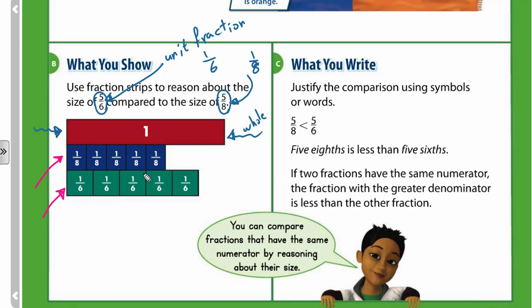Okay, now when we finish the drawing, it's pretty clear which one is greater. 5/6 is greater, as you can see here. So to write it using symbols, we can write 5/8 is less than 5/6.